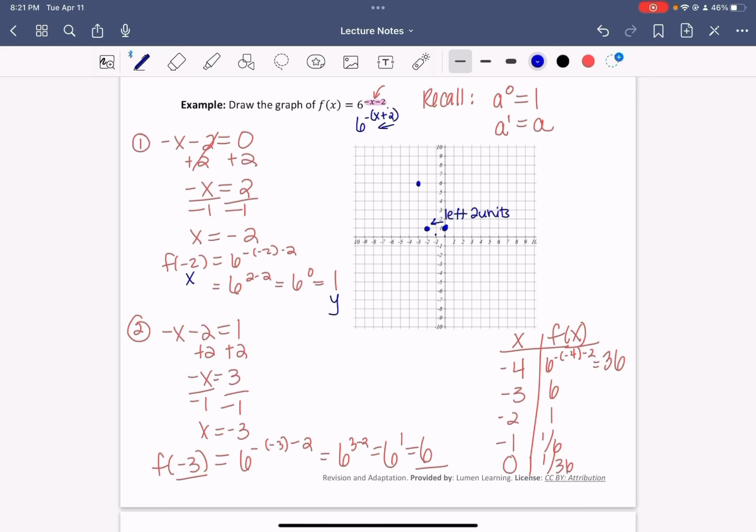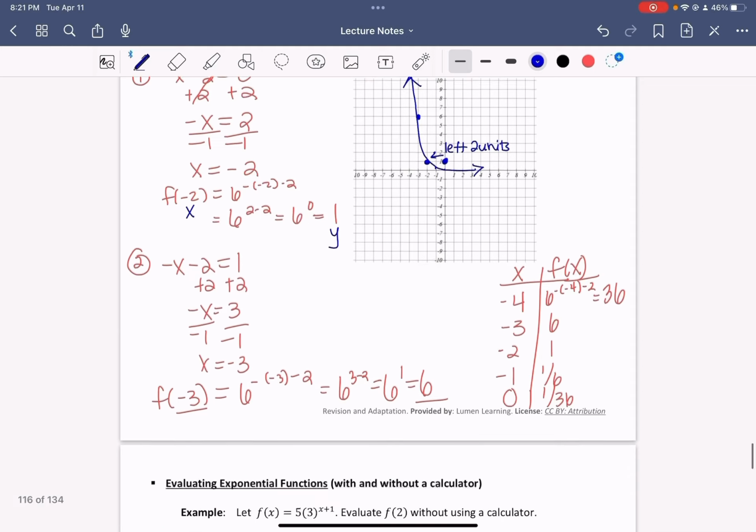So our function would look something like this. And you can see in regard to that original graph, it does have a reflection, and then it does have that shift over. But I just want to take you through that thought process on how I was getting some points, so that when you go to graph in that homework assignment, you'll be able to do that.